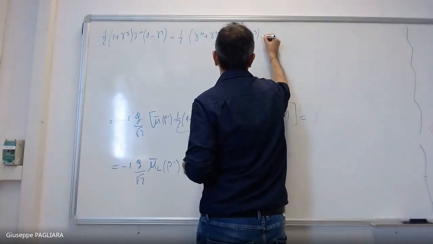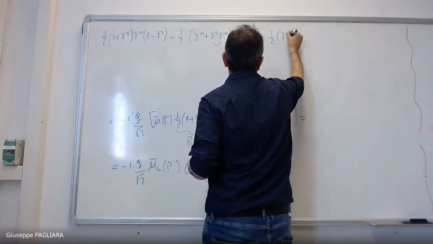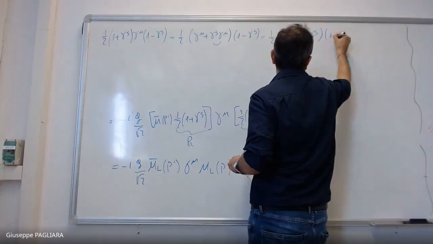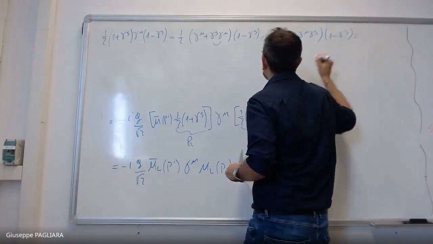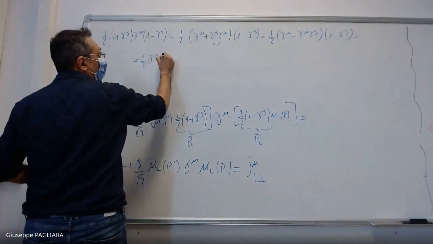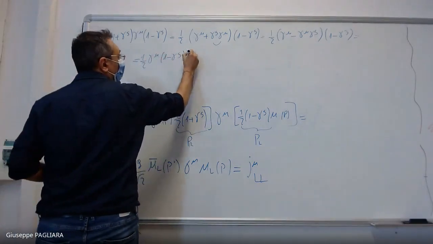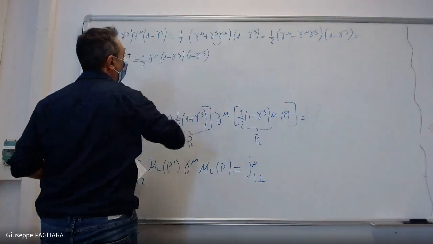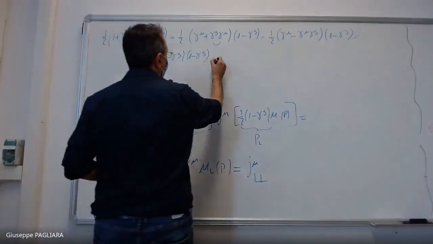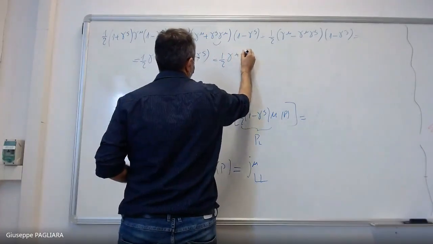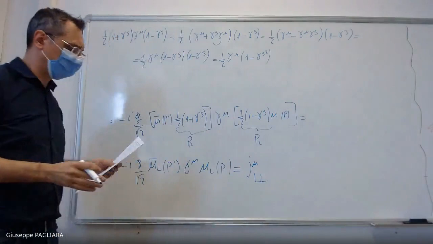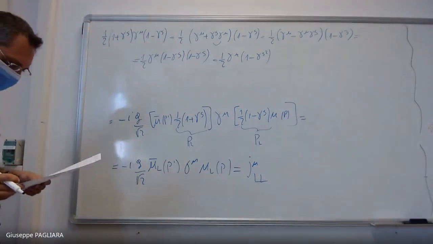Now we swap those two here, so it is 1/2 (γ^μ − γ^μ γ5)(1 − γ5). Put γ^μ outside: 1/2 γ^μ (1 − γ5)(1 − γ5).